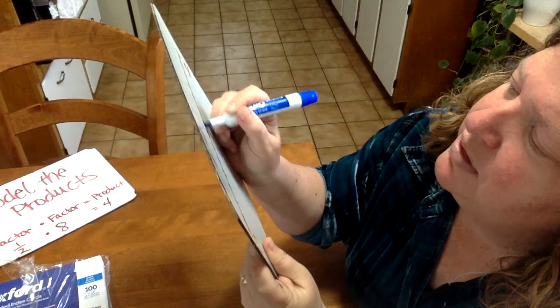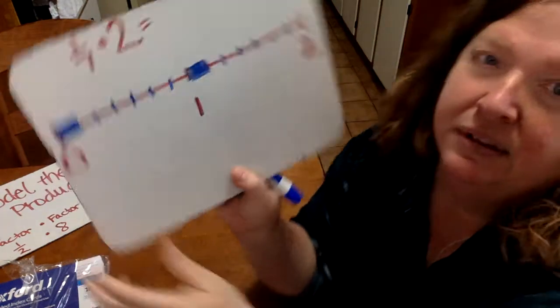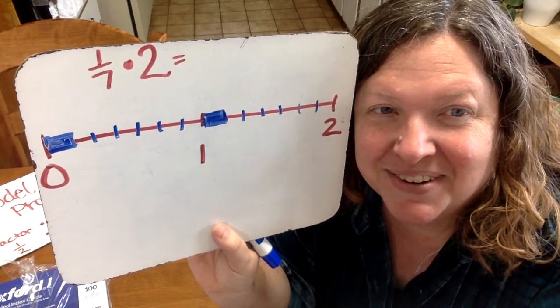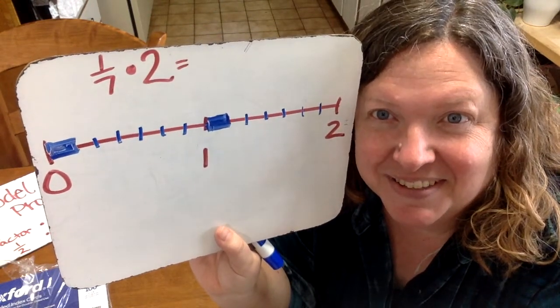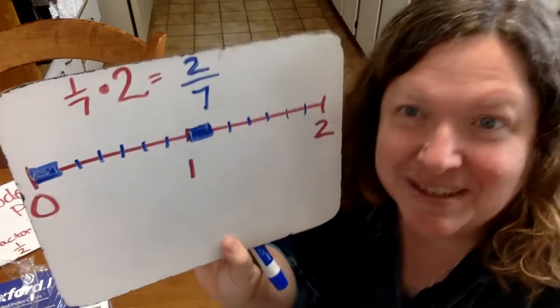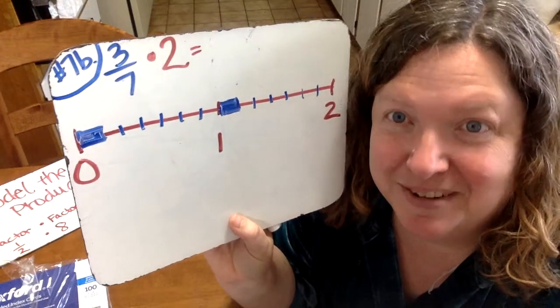Here's 1/7 of the other one. There it is. So how much was my answer? 1/7 of a group of 2 is 2/7.